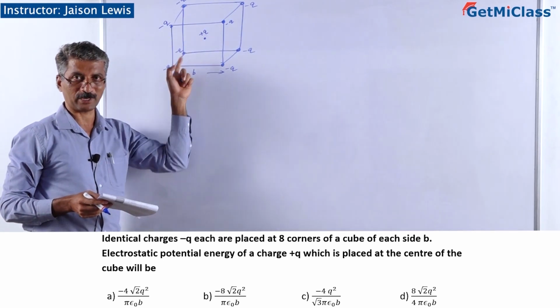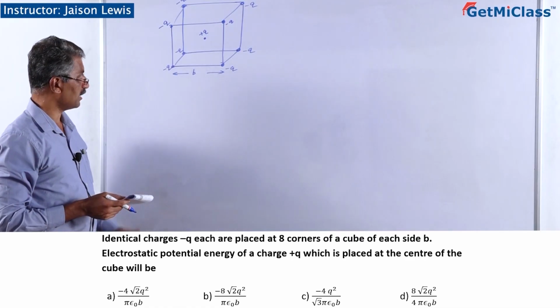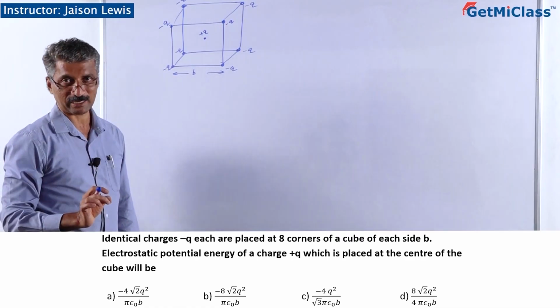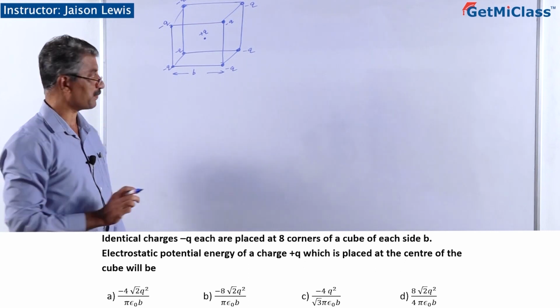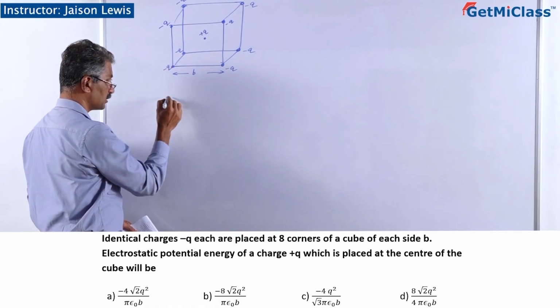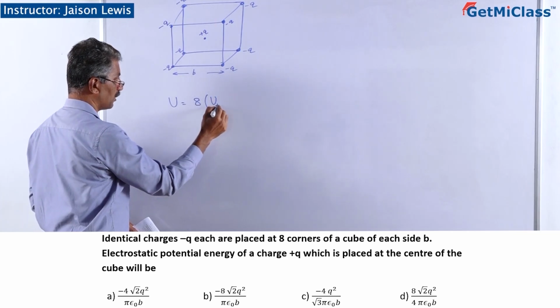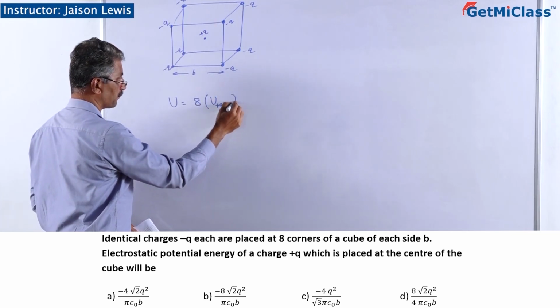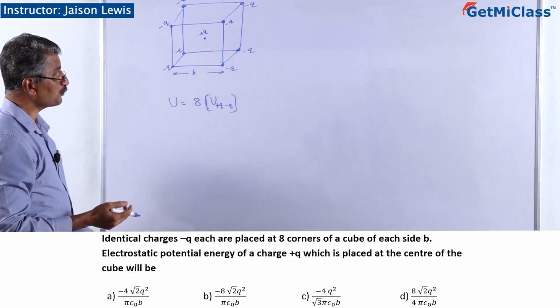If you want to find the total energy, it is sufficient to calculate the energy between the 2 charges in the group. That means for any one pair of plus q and minus q, the total energy will be 8 times the energy corresponding to plus q and minus q.